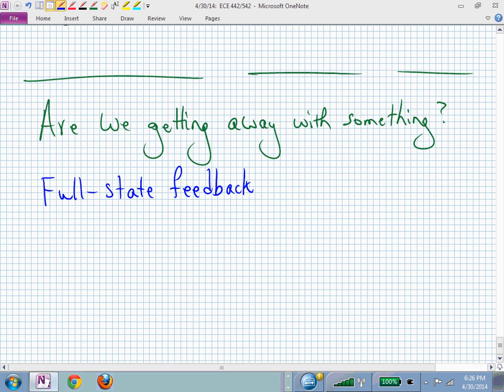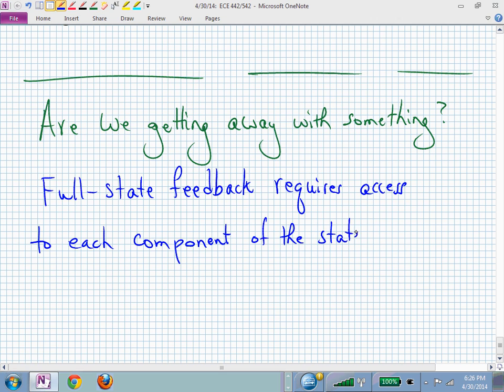Full state feedback requires access to each component of the state vector.